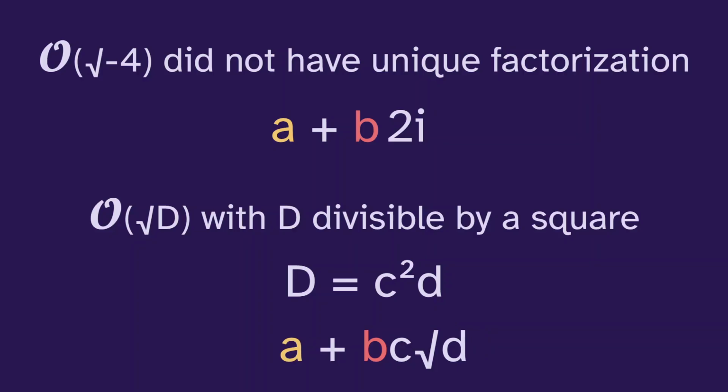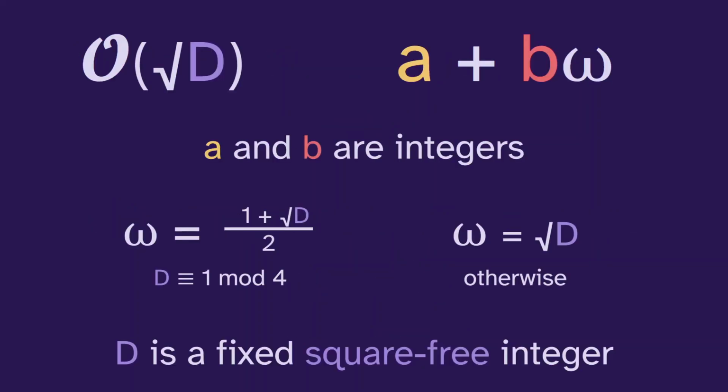So this is also going to be a subset of some other quadratic integers, and we will run into similar problems. And because of this, we restrict d to being a fixed square-free integer, meaning that it is not divisible by any squares. So O root -4 aren't really quadratic integers. I use them for example, but they don't really fit with the typical definition.